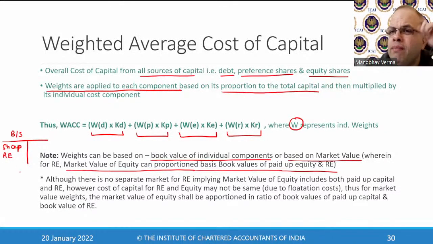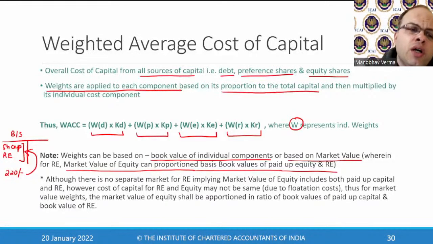But when I'm using a market value, say the market value of this share of this company is, let's say, 220, I will multiply that with the number of shares. That's the market value of the entire equity component. That will have to be split into the share capital and retained earnings based on the book values. So we'll allocate the market value to the retained earnings and the share capital. Just be careful of that.